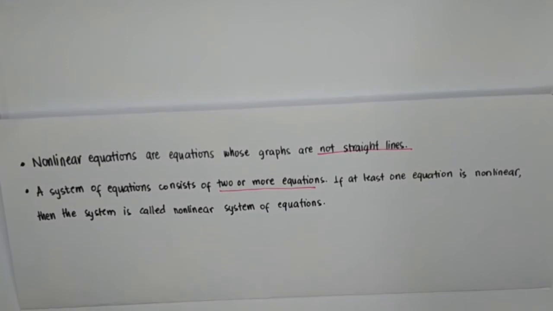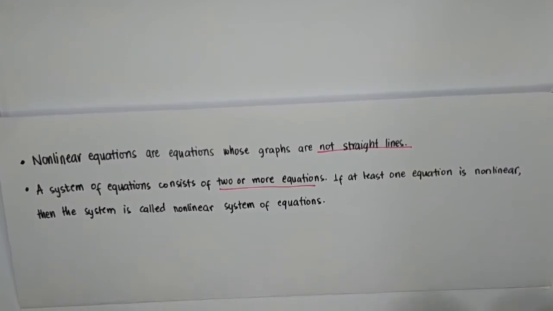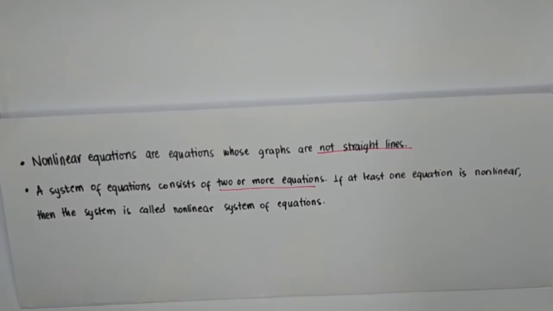Okay? By the way, there are many ways to solve systems of nonlinear equations. We can do graphing, we can have the elimination method, and we can have the substitution method. So for now, let's discuss muna how to solve systems of nonlinear equations using the elimination method.